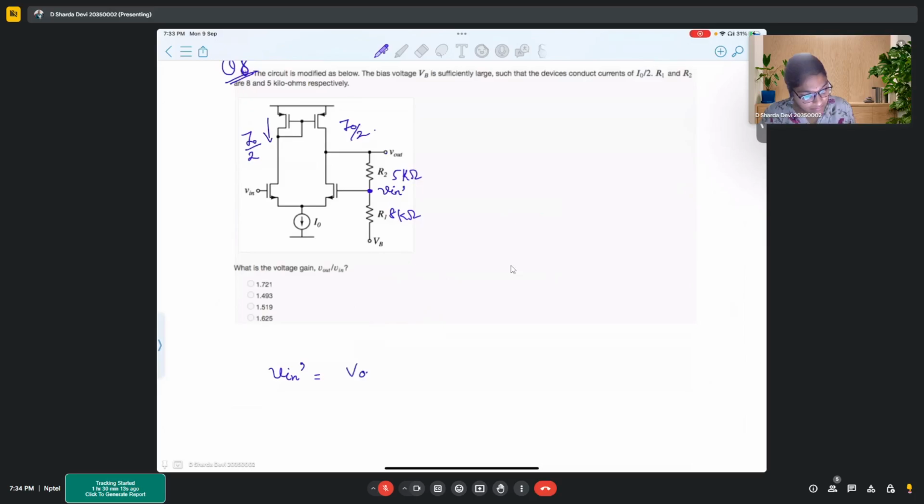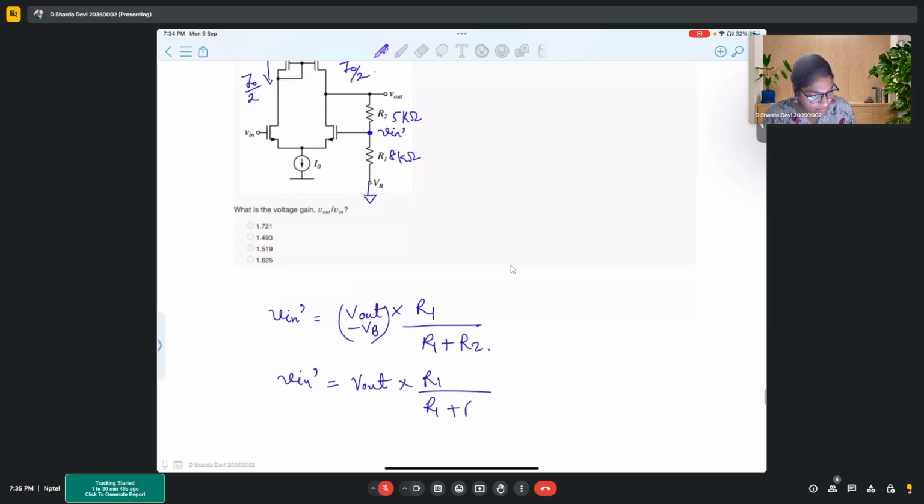It is actually V out into R1 upon R1 plus R2. Now, talking from a small signal perspective, neglecting the AC component, let's put this to ground. So Vn dash will come out to be V out into R1 upon R1 plus R2.